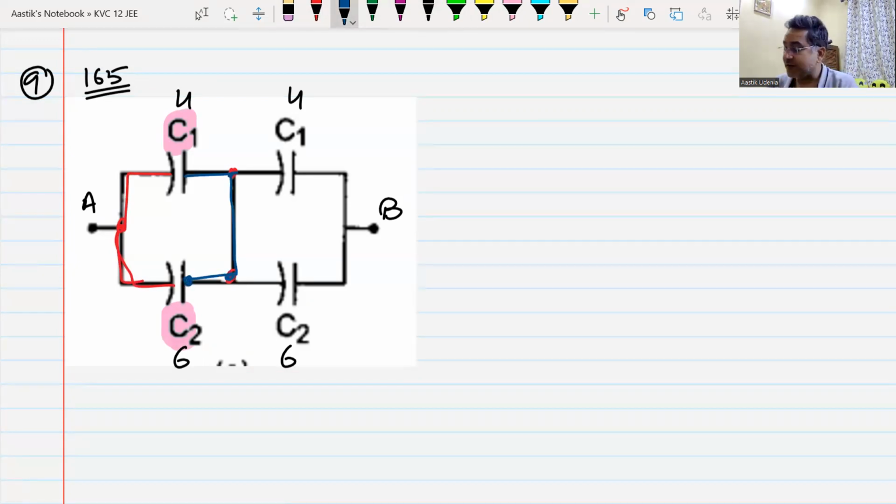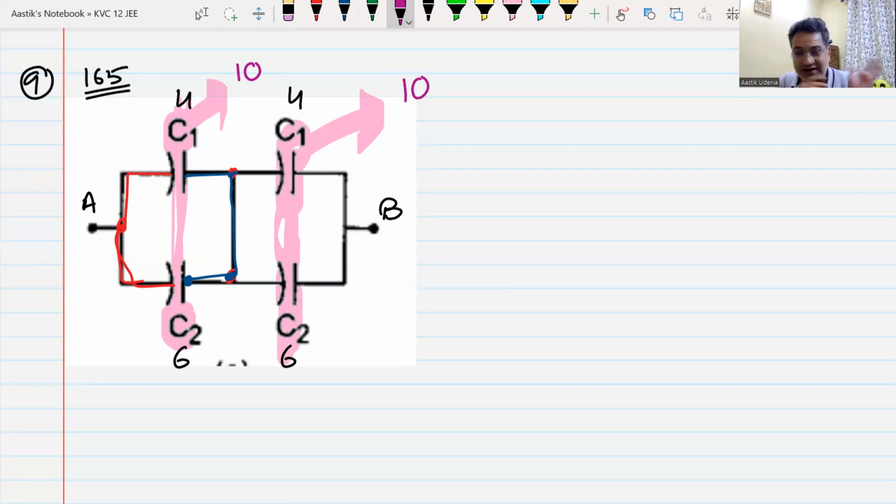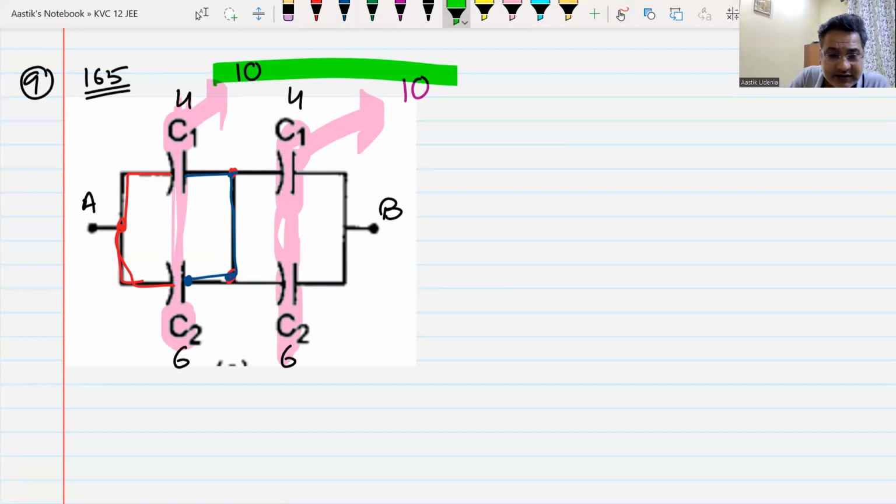That means these 2 capacitors now come in parallel. So 4 plus 6, this combination gives me 10. Similarly, 4 plus 6, this combination also gives me 10. This 10 and 10 are in series. 10 and 10 in series become 5, and that is the answer that we are looking at.